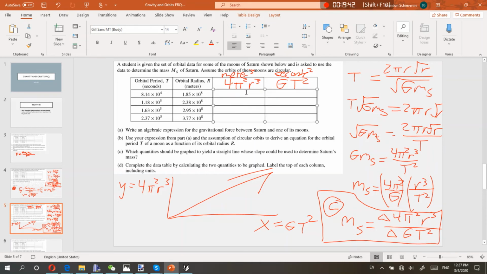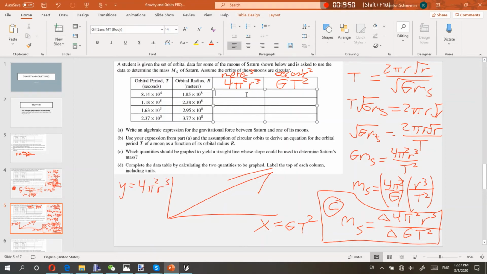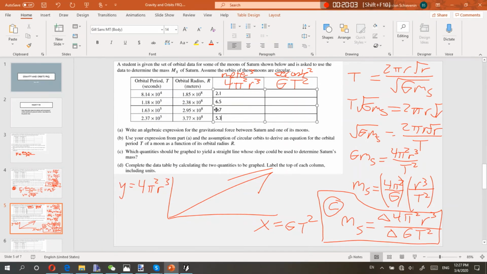Okay, good enough. So I have 2.1, 6.5, 1.7, 5.3, all times 10 to the 16th and then 10 to the 17th. So 1.7.